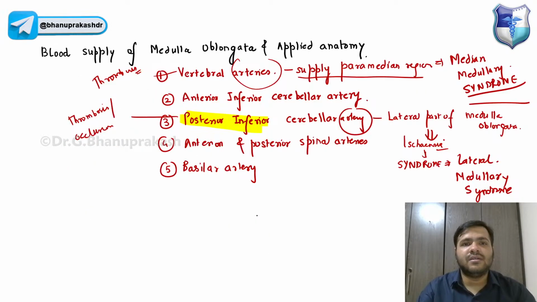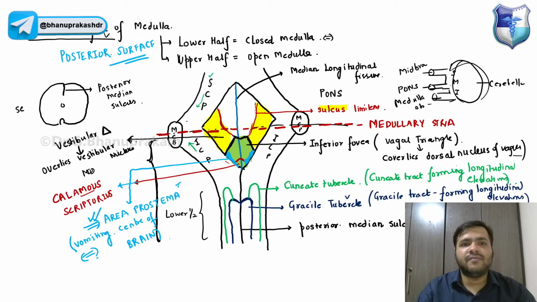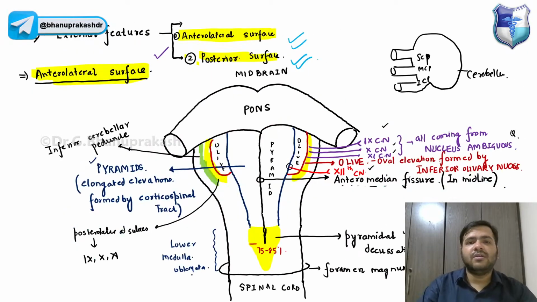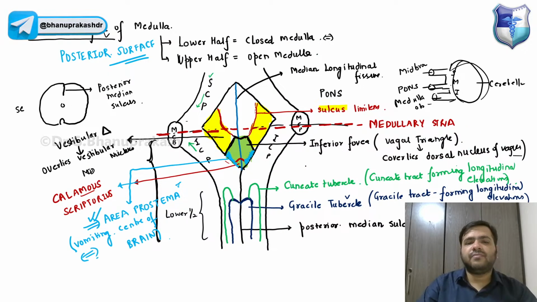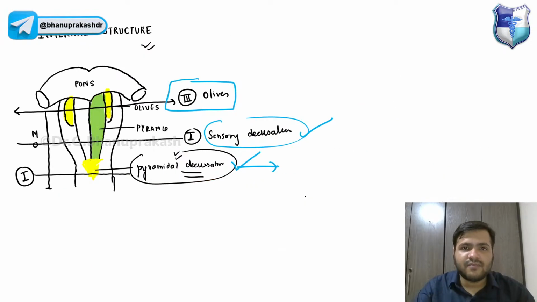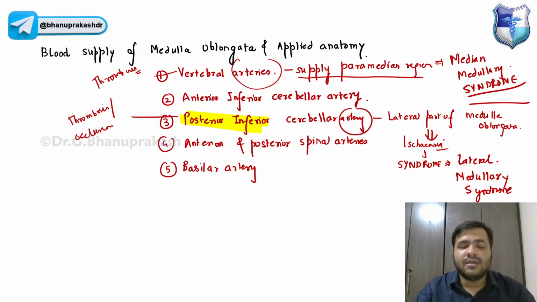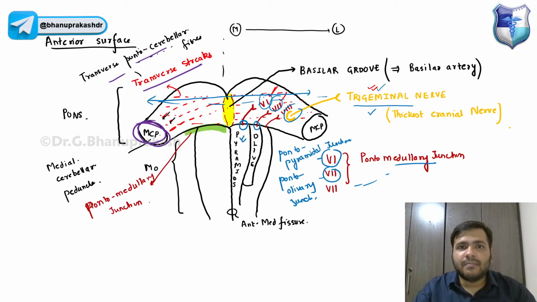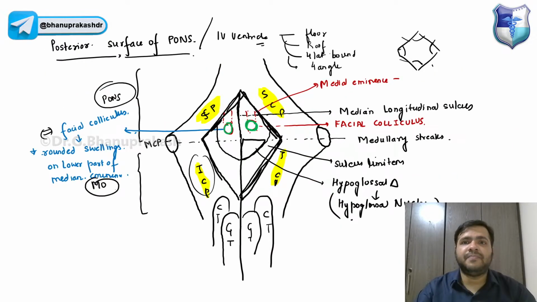You can very well see over here, we have the cuneate and gracile tubercle along with the inferior cerebellar peduncle, which form the lower boundary of this fourth ventricle, right?